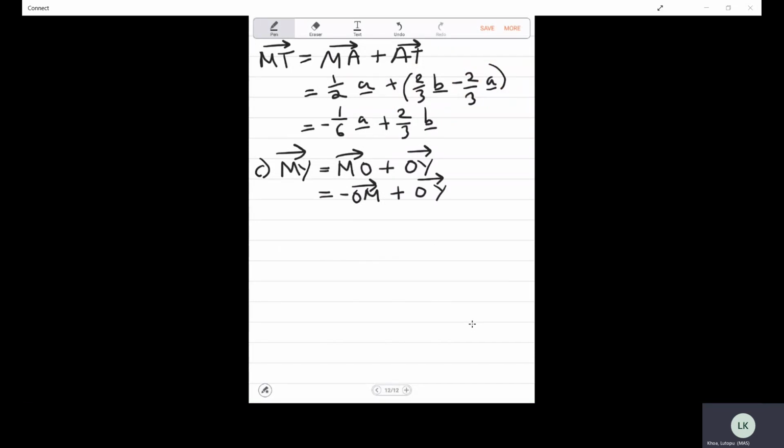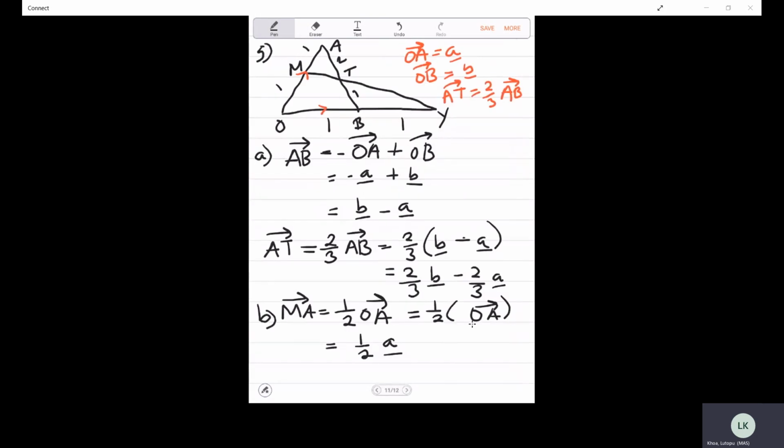Now O to M, we didn't work it out, but we know that it is half of O to A. So this vector here, O to M, is the same as the vector from M to A, because M is the midpoint of OA. So the same thing will be true here.